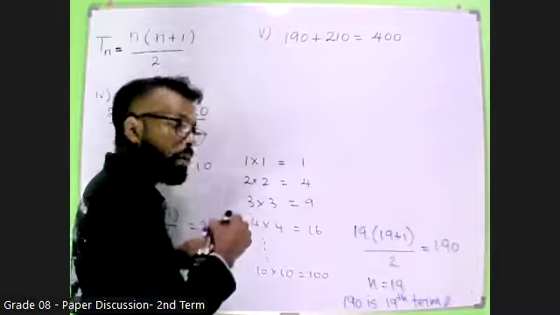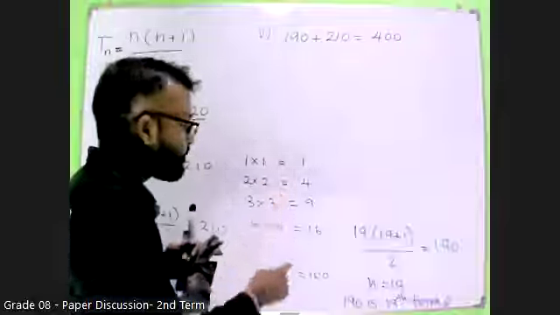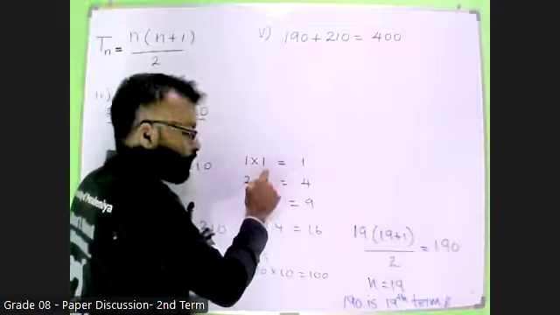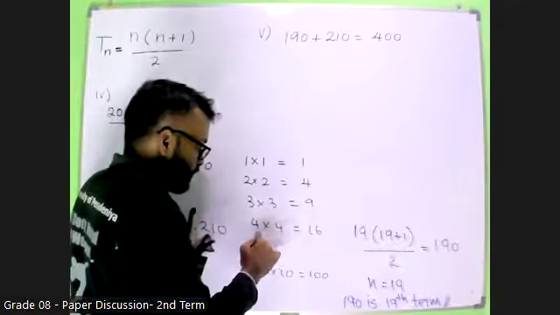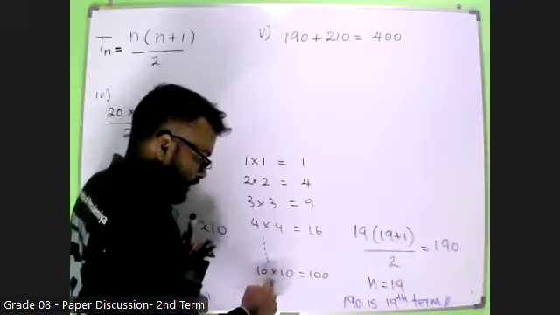So this is the square number pattern. This is how we obtain the first term 1 times 1, second term 2 times 2, third term 3 times 3, fourth term 4 times 4, 10th term 10 times 10.